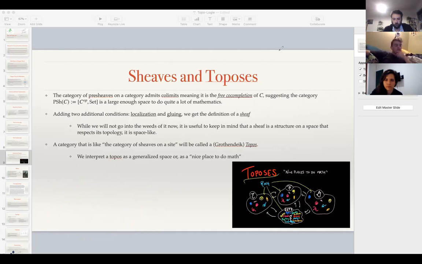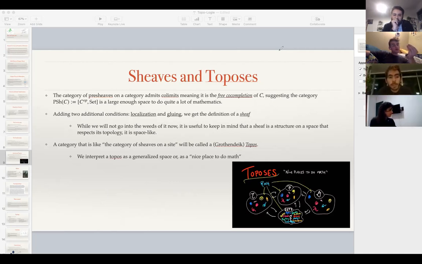Adding two additional conditions, which I won't give rigorously, localization and gluing. Localization basically means that you can localize around points. It's a topological sort of thing where I want to get close to a point, and it has to be consistent at that point, and there has to be a unique one. And gluing is when they come together.